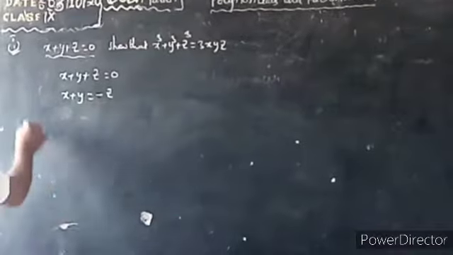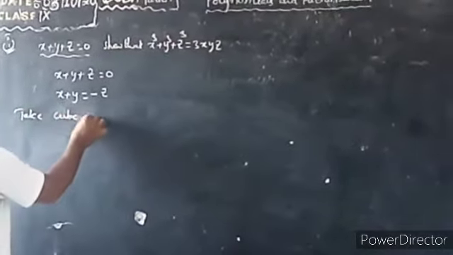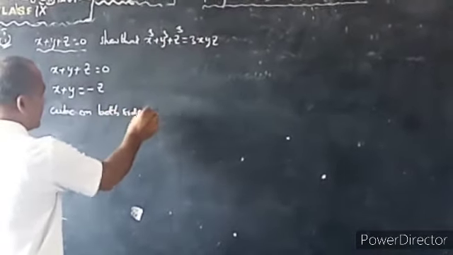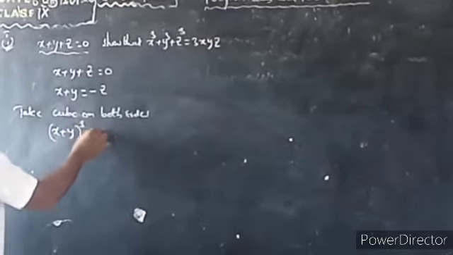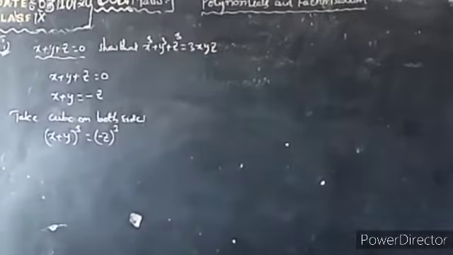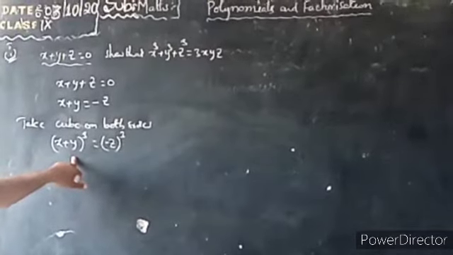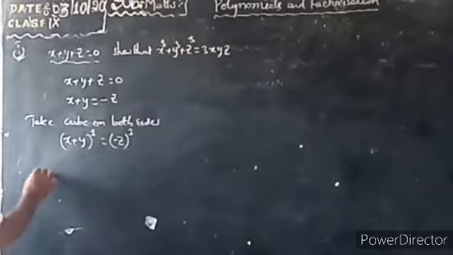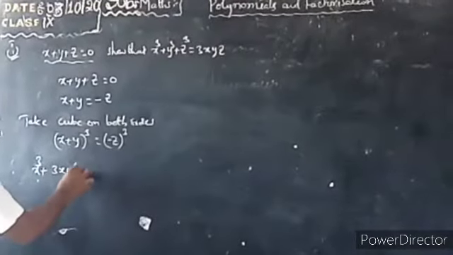Now take cube on both sides. Then x plus y whole cube is equal to minus z whole cube. It is an identity, right? What is the expansion of x plus y whole cube? x cube plus 3xy into x plus y plus y cube.